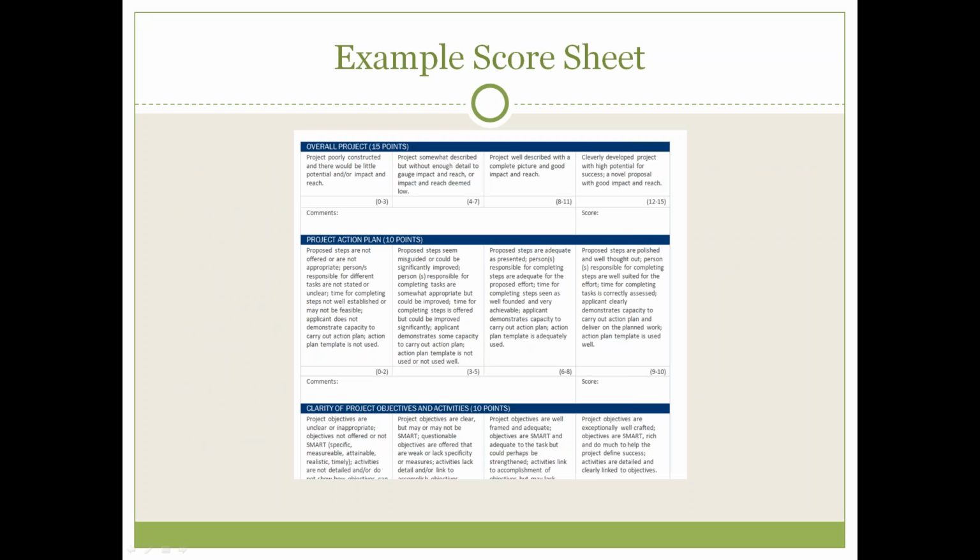And this is an example of what the score sheet will look like. This is a little cross-section of one of the pages of the score sheet, so you can see how those would be scored for the overall project, project action plan. And they all have different point values, so make sure you pay attention to that as well.